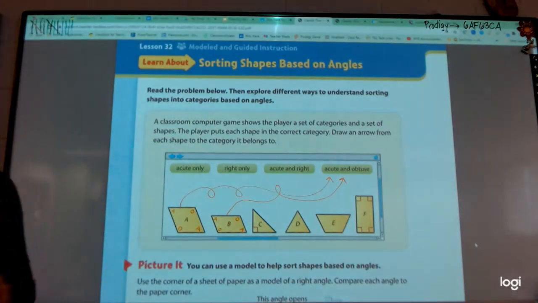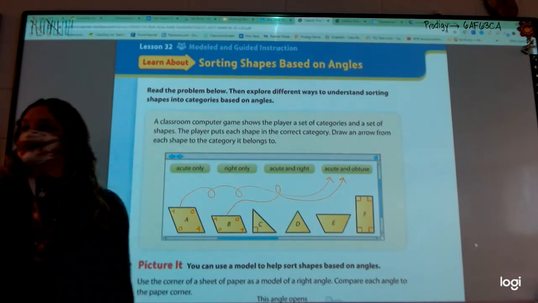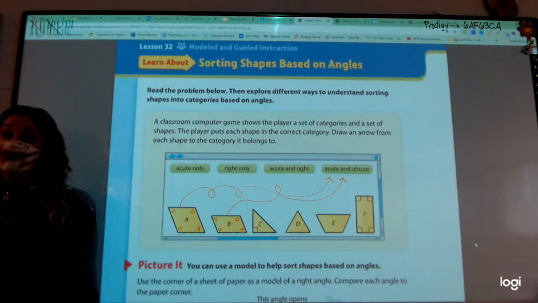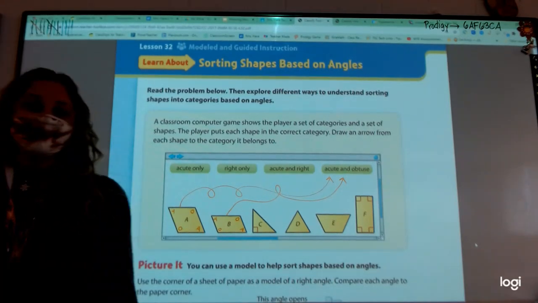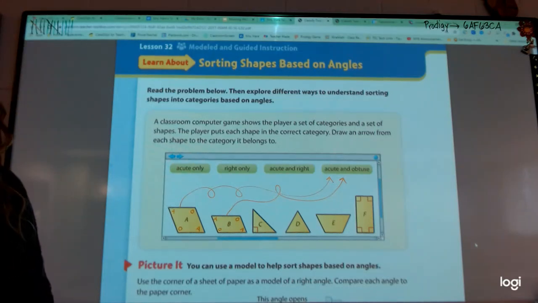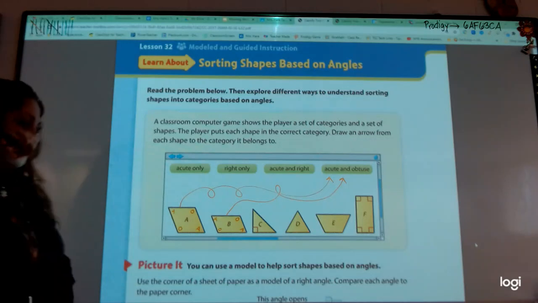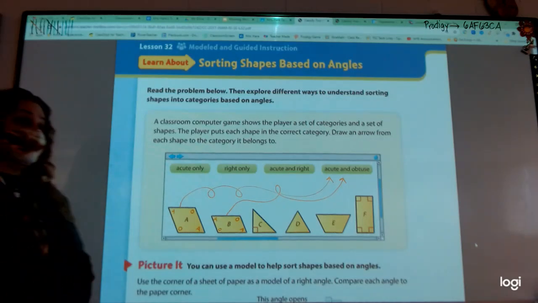I found that it did. They both have 2 acute and 2 obtuse angles. Thumbs up if you agree with me. Do they go in the same category? I'm getting a few thumbs ups. I think some people are still writing. Hopefully you at home agree with us. All right, since I can't see the questions, Angie, could you read the next one for us?